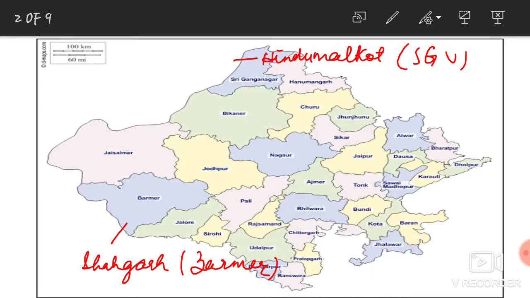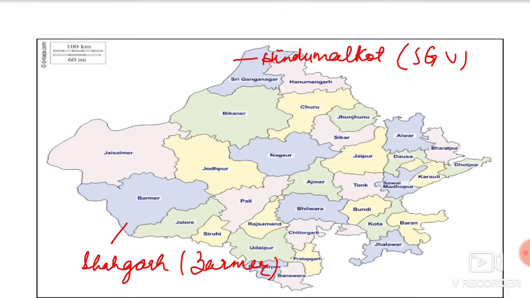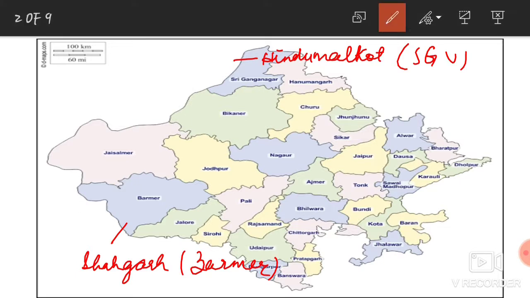This is the Hadauti Plateau. A question can be asked, which state shares its border with the Hadauti Plateau? It's Madhya Pradesh.